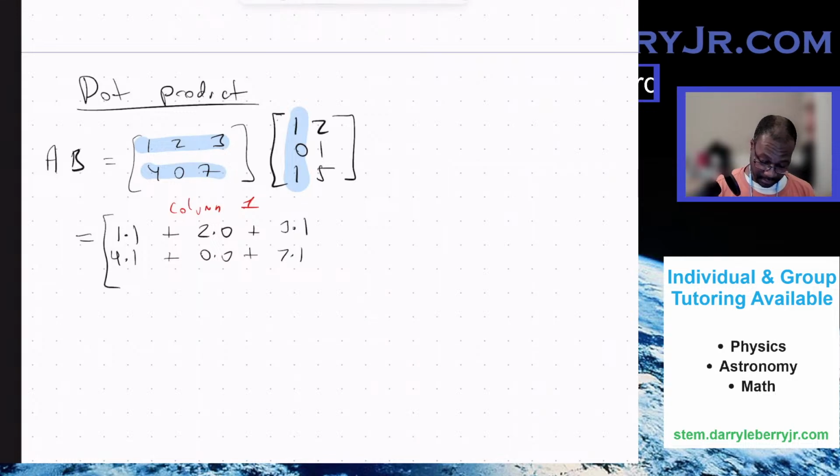And then we'll do this again with the second vector, the vertical column vector, dot product with both of the rows on the left. So that'll end up being 1 times 2 plus 2 times 1 plus 3 times 5.